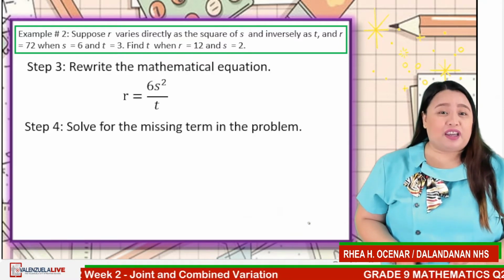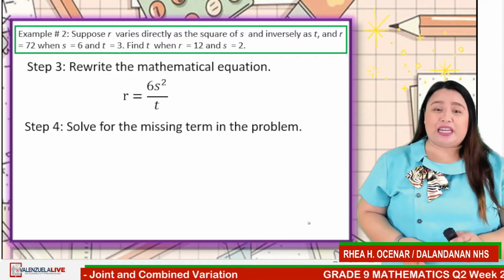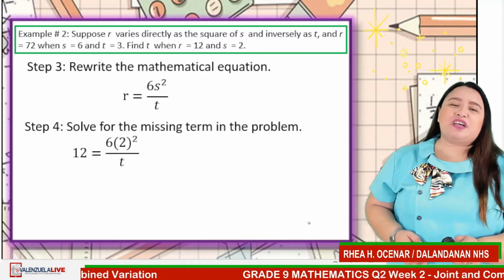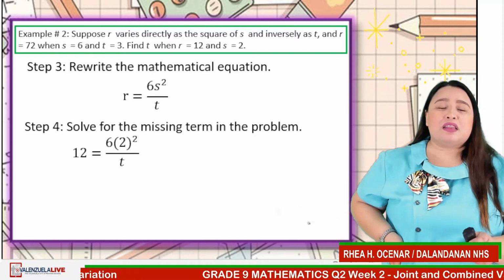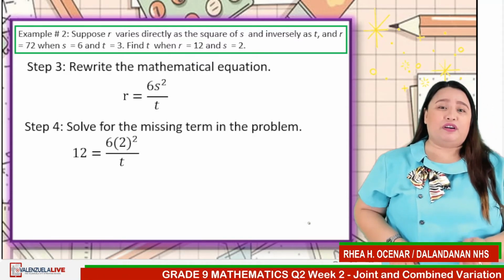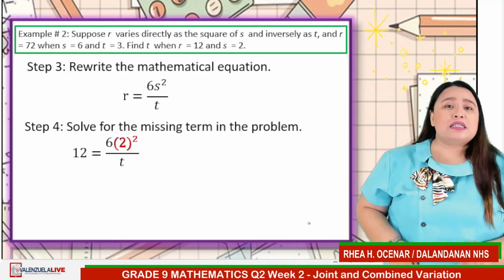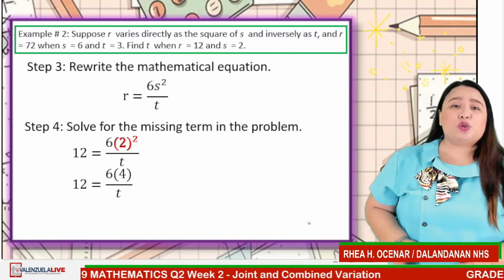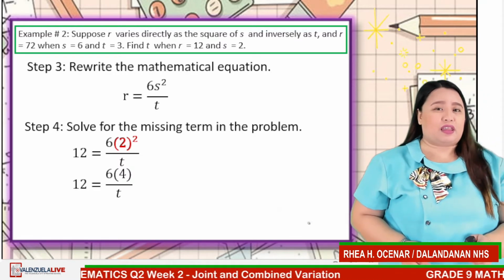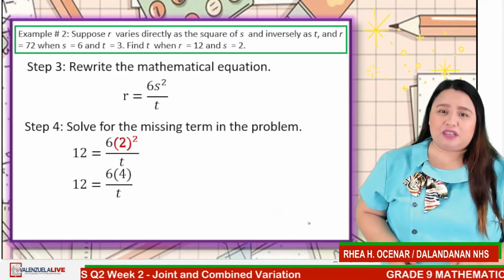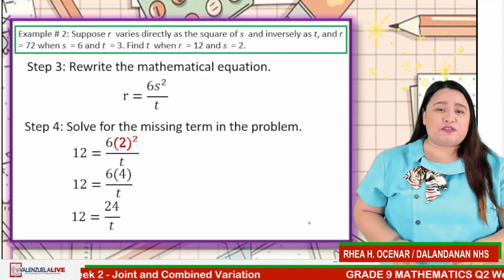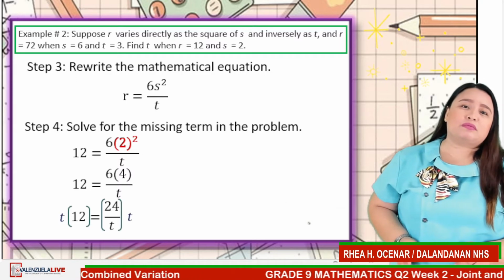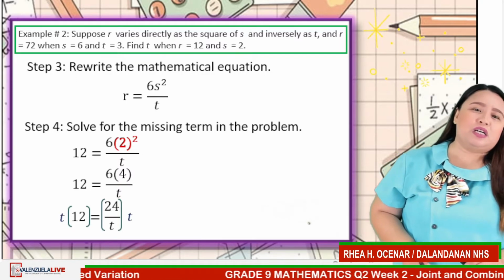Since we need to find t when r is 12 and s is 2, we have 12 is equal to 6 times 2 squared over t. Simplifying 2 squared, we have 12 is equal to 6 times 4 over t. 6 times 4, we have 12 is equal to 24 over t.